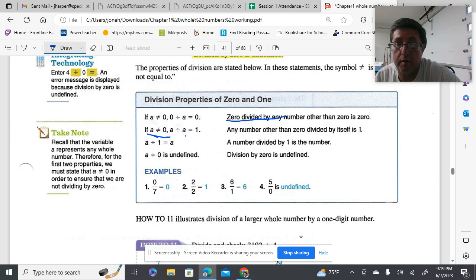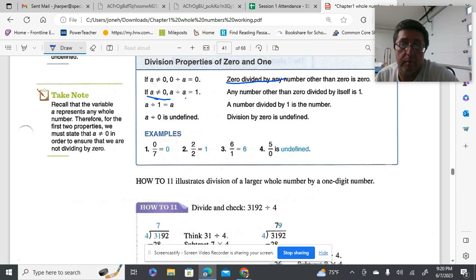So any number divided by 1 is going to be that number. So if I take 4 divided up into 1 pieces, you're going to have 4 pieces of 1. Okay, a divided by 0 is undefined, or your calculator will give you error.